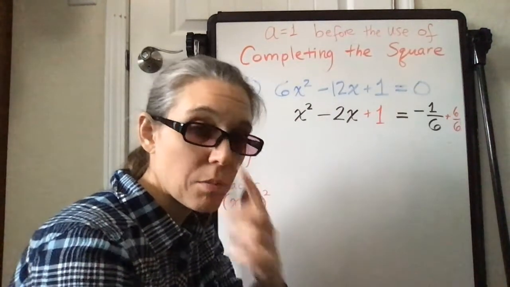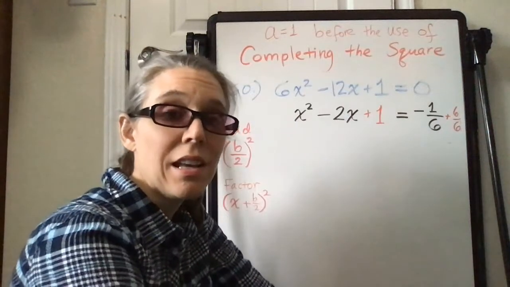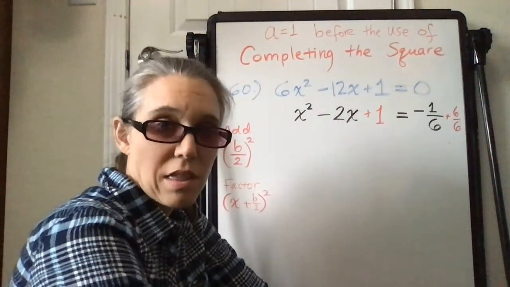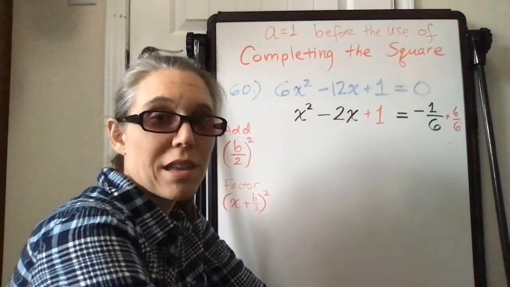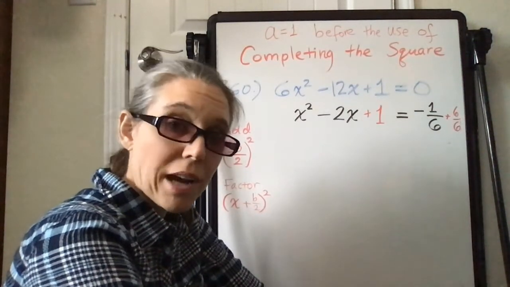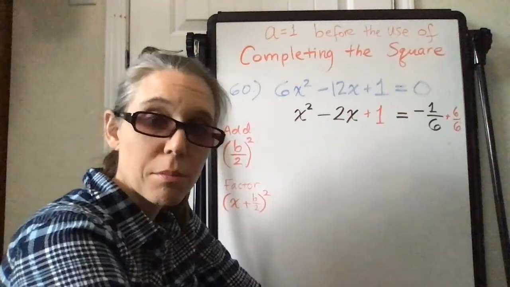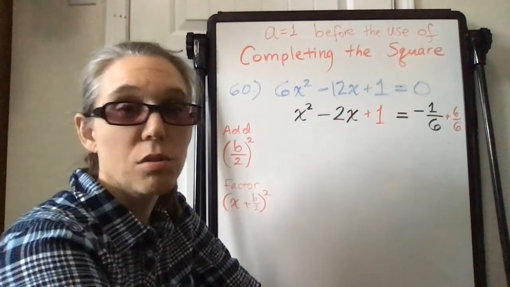So one thing you may notice is that so far the b values that we've had to work with are even. I chose those on purpose so that they would not be overwhelmingly stressful. If you come across a b value that is not even, your b over 2 value will be a fraction. Do not be scared by that. The fraction is at worst going to just have a 2 for the denominator.